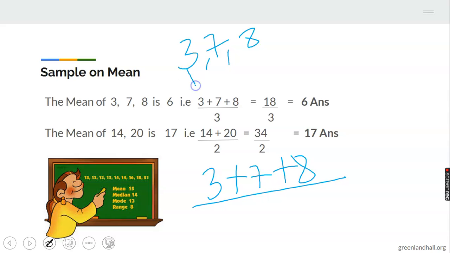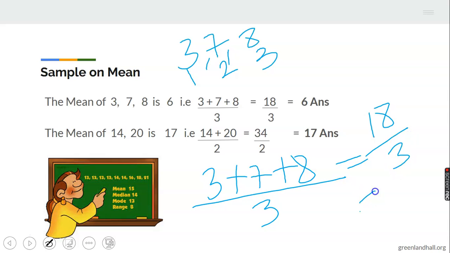I was given 1 item, 2 items, 3 items. So I have 3 altogether. Now we sum up. 3 plus 7, that's 10. 10 plus 8 gives me 18 over 3. That gives me 6 as my answer. Is that clear? Yeah, it's clear.